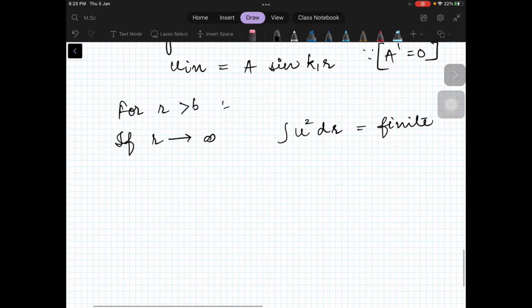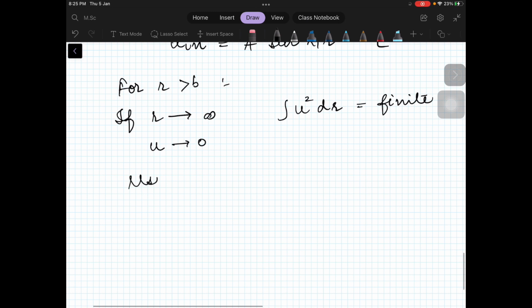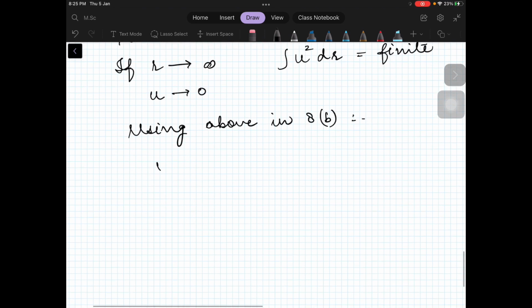So using this condition in 8b, we get u out as b exponential minus alpha r, that is only the exponentially decaying term will be sustained, the exponentially rising term will vanish.